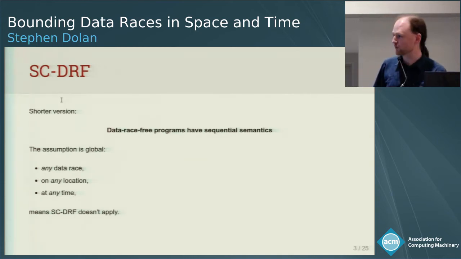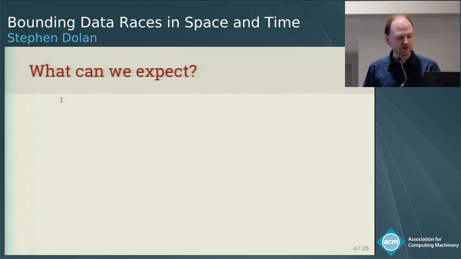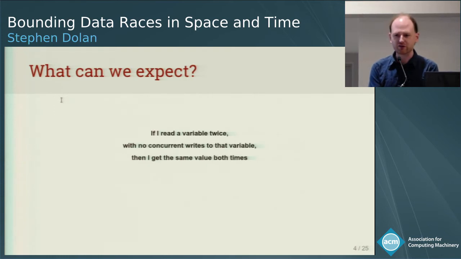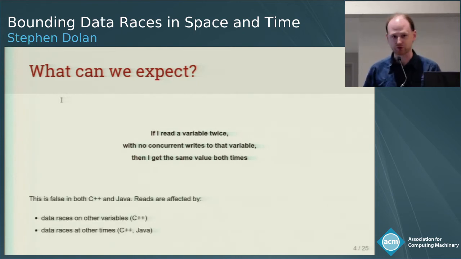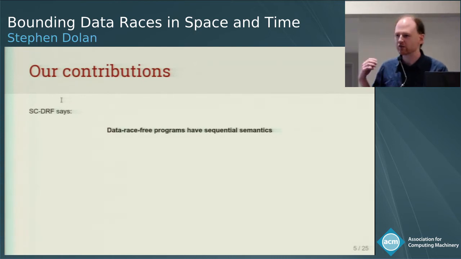One property that I think is reasonable to expect is this: if I read a variable twice, and there are no concurrent writes to the variable, then I should get the same value both times. It would be surprising to me if this fails to be true, and hopefully it'll be surprising to you when we see how it fails. The SC-DRF result is that entirely data race free programs have sequential semantics.